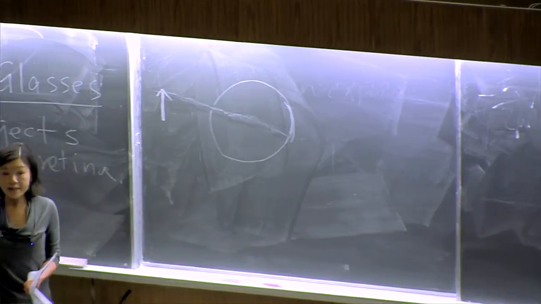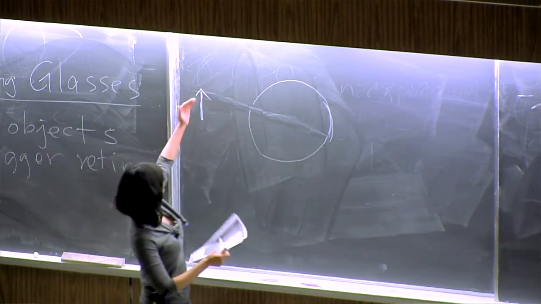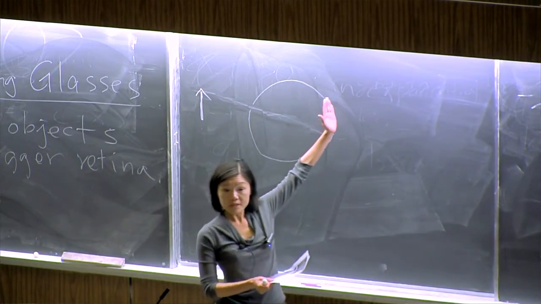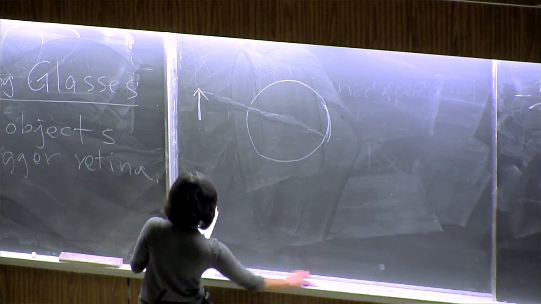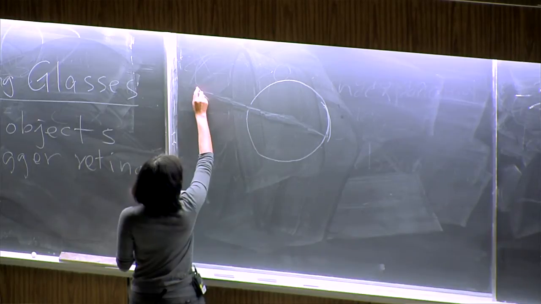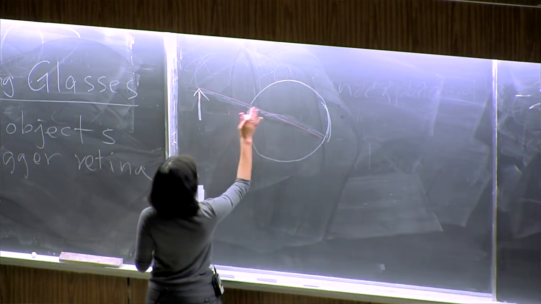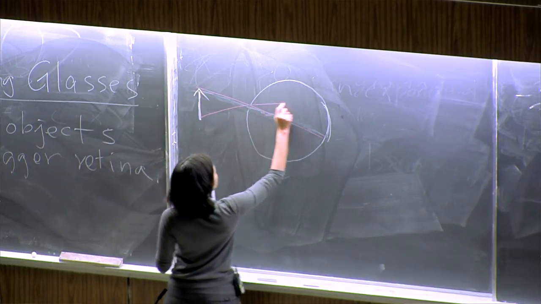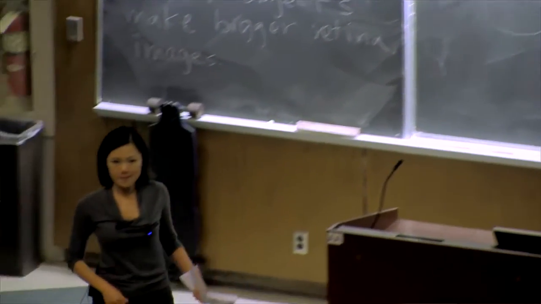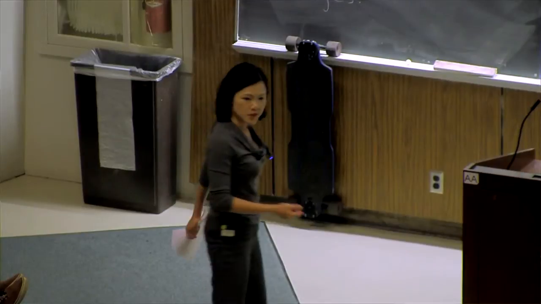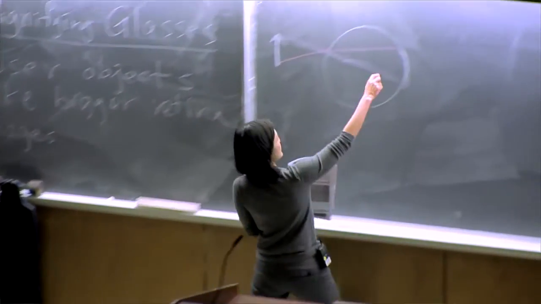And this is where the object is. So the object will form an image on the retina, correct? This is not a perfect picture, but you all have the picture in your book. But it's always good to just try to draw the picture with your hands. So this will be the image.